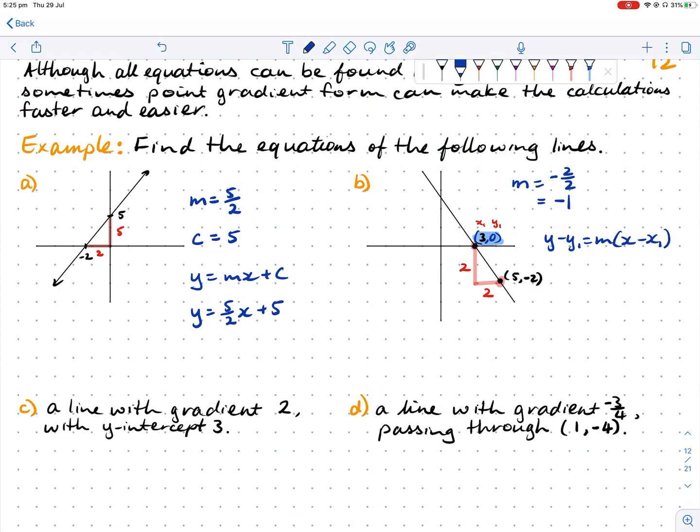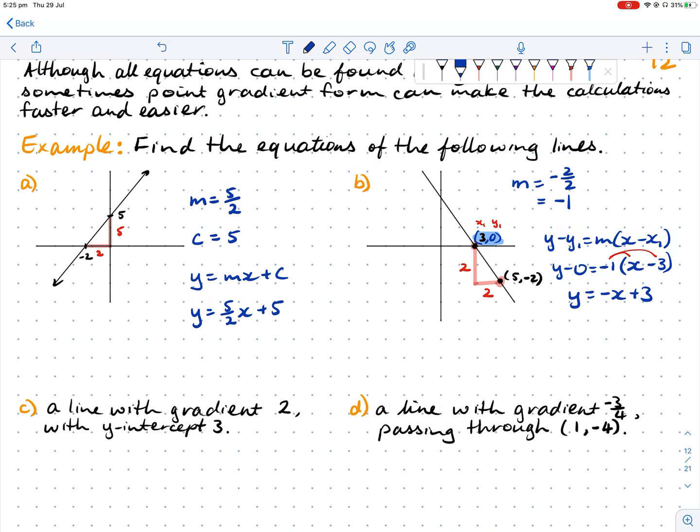So our y1 value was 0, so y minus 0 equals negative 1 bracket x minus 3. From there, what we're going to do is expand the negative 1 through. So y equals negative x plus 3, which is exactly the same answer as what we got before.